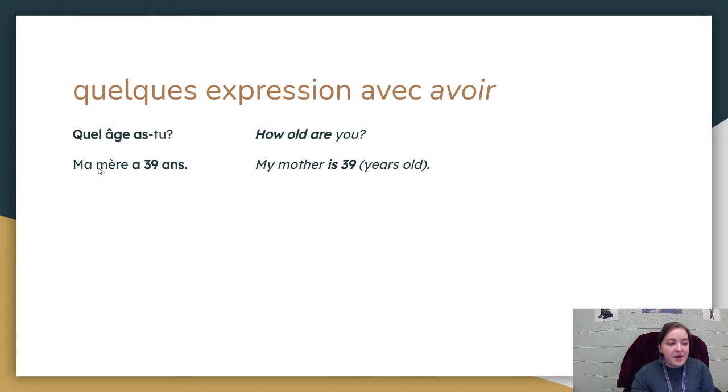Or you can see here, ma mère a 39 ans. My mother is 39. So in French, we use avoir to talk about how old someone is, to talk about age. In English, you can see we use the verb to be. How old are you? My mother is. That's to be. But in French, we use avoir.